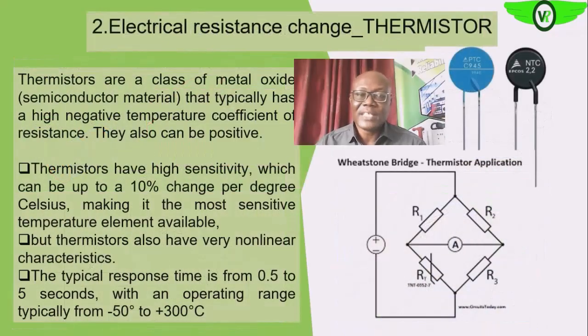So we also have another type of temperature sensor, which is the thermistor. The thermistor also has the capability of changing resistance with changing temperature, and like the RTD, since the resistance varies with temperature, we can also use it to form a leg of the Wheatstone bridge.